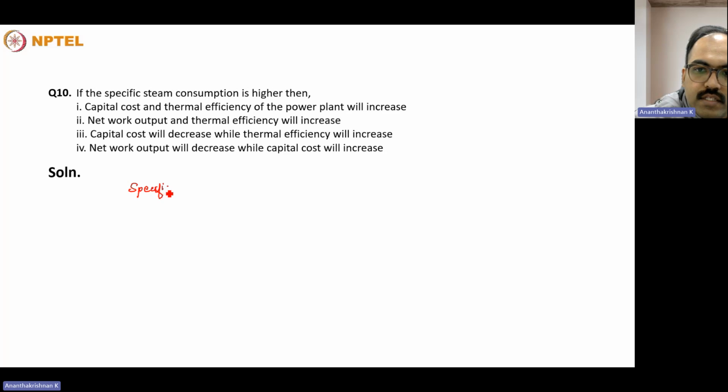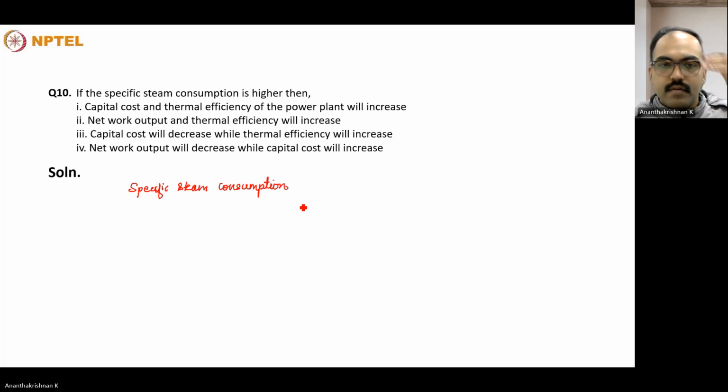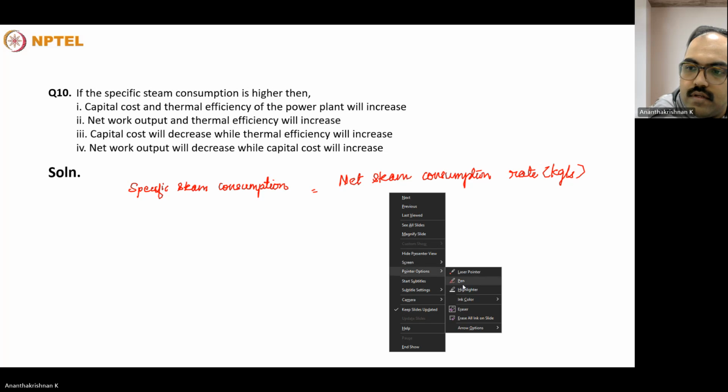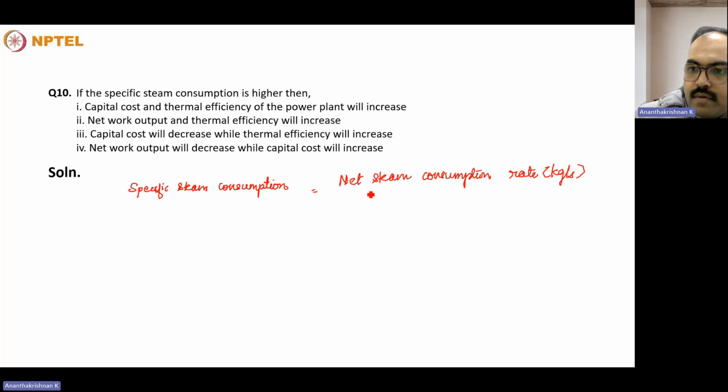The term specific steam consumption is given as the net steam consumption rate in terms of kilogram per second to the net power output.